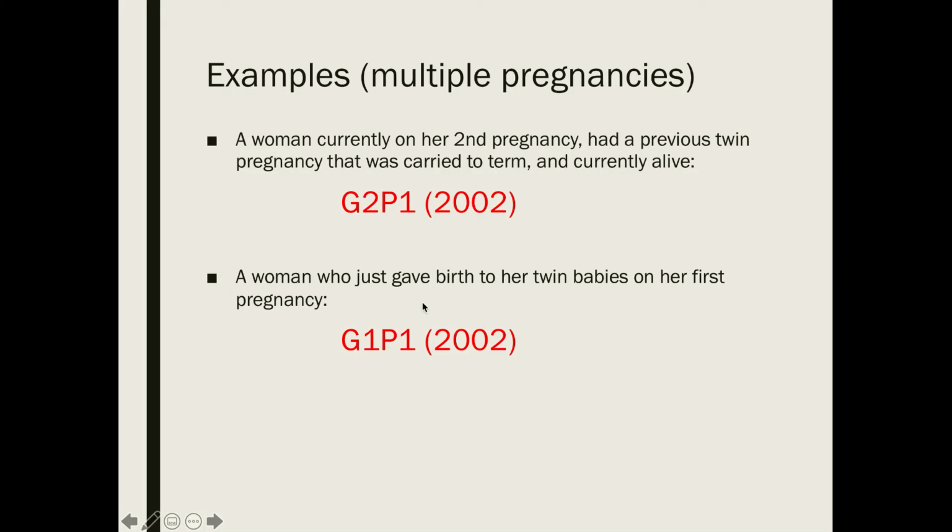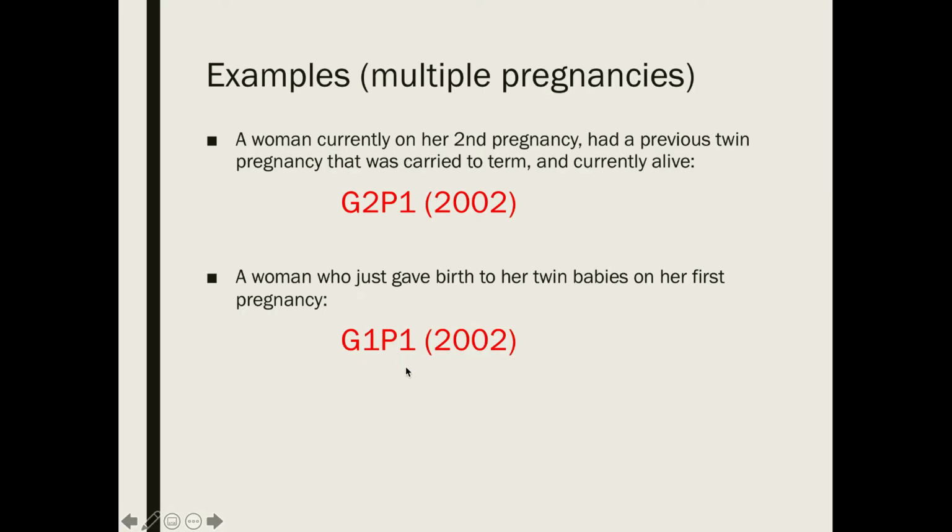So another example. A woman who just gave birth to her twin babies on her first pregnancy. Okay, so we have a patient who is on her first pregnancy and then she gave birth to twins. Okay, so how will you denote that postpartum? Okay, so that will be G1, because that was just her first pregnancy, P1.